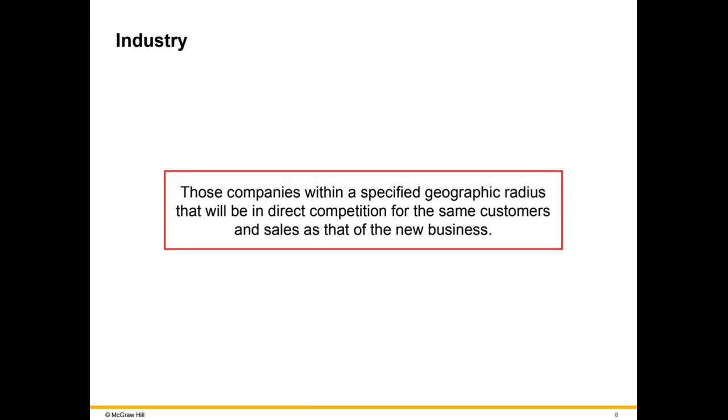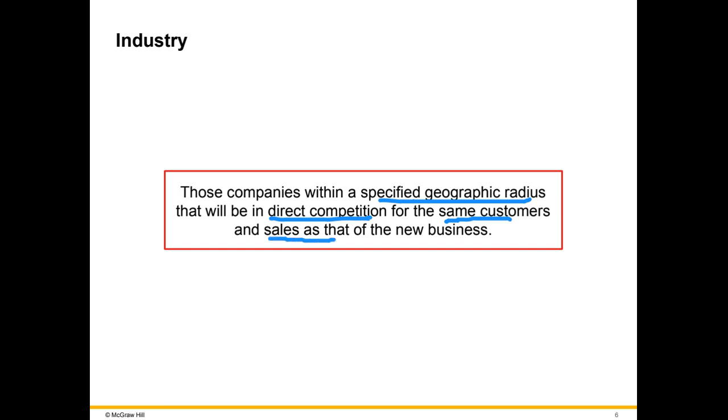So if you want to identify an industry, it comprises companies within a specific geography or geographic radius that will be in direct competition for the same customers and sales as the new business.